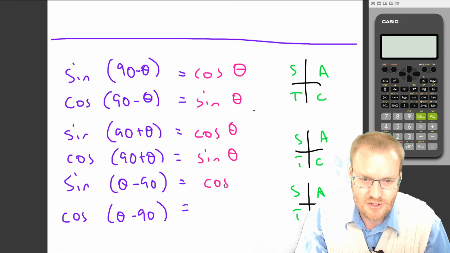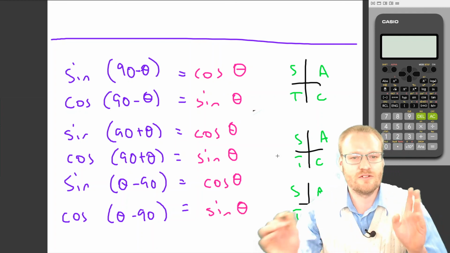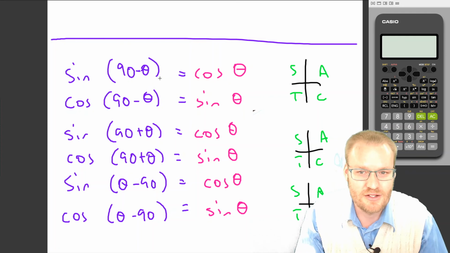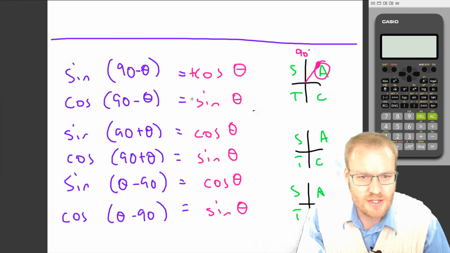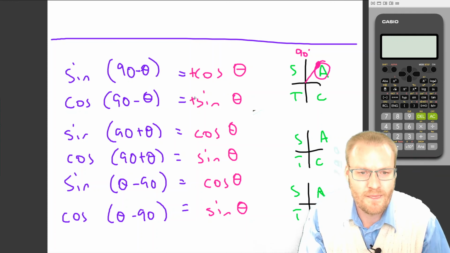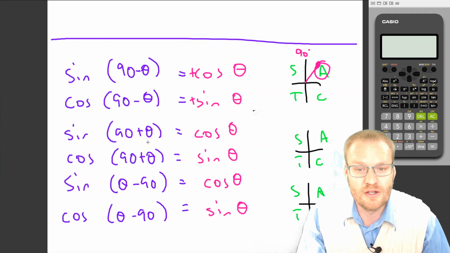And now all we have to look at in each case is positive or negative. 90 minus theta. Here's 90. If we've subtracted theta, which quadrant are we working in? First quadrant, everything's positive, so these stay positive. Easy.